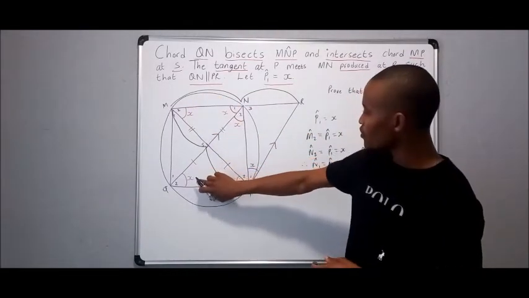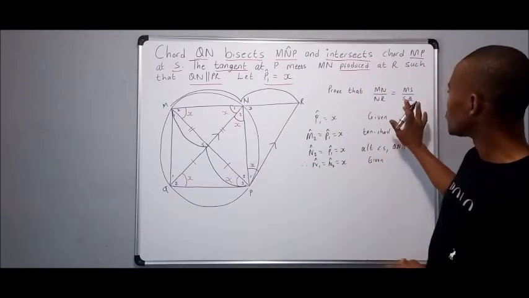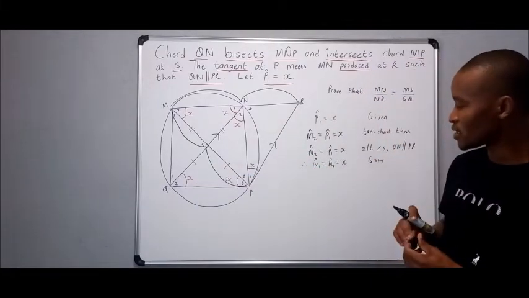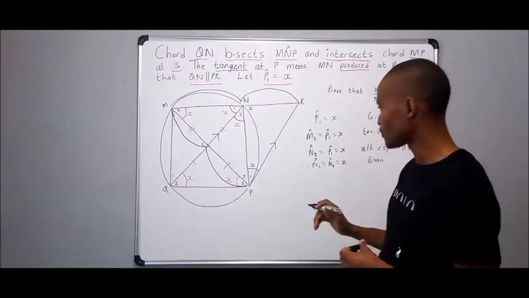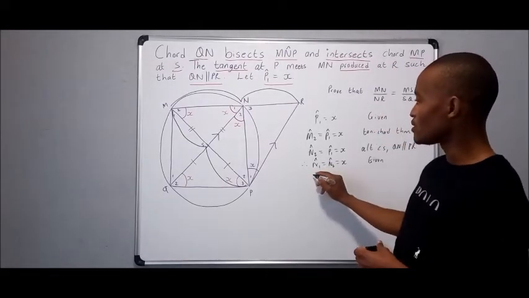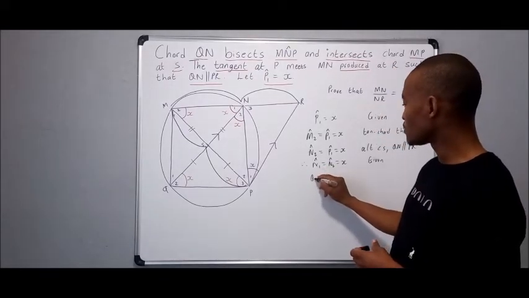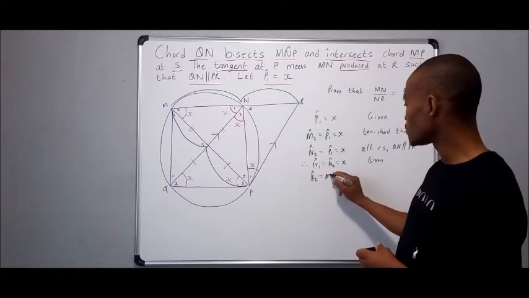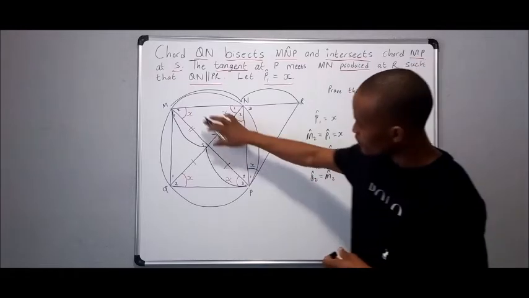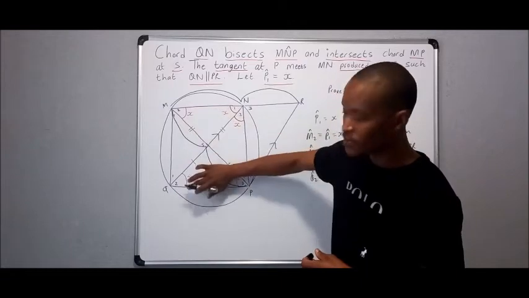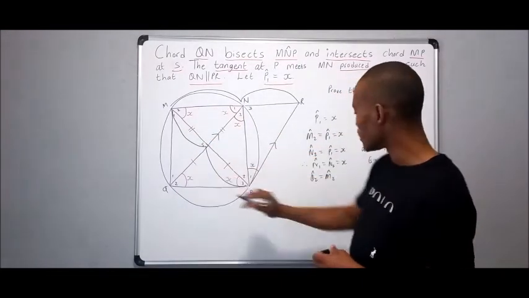So we have spoken about these three angles, and now we are ready to come this side, because we need to change the SP in our proportionality to SQ. We know that angle Q2 is equal to angle M2. Why? Angles in the same segment. We're dealing with the cyclic quad now.